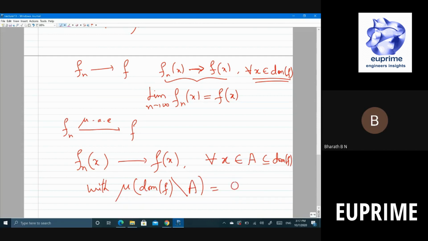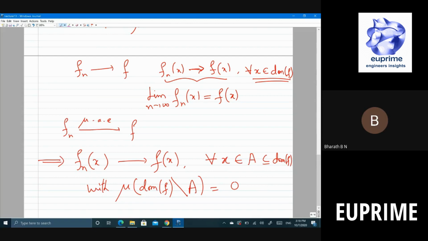That means wherever it does not converge, the size of that set is 0. Then we say that fn converges to f almost everywhere. Is that fine? Well, these are all notations, but roughly what I'm saying is it converges pointwise to f at all points of interest.